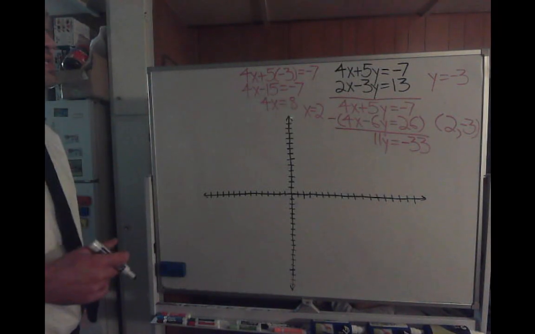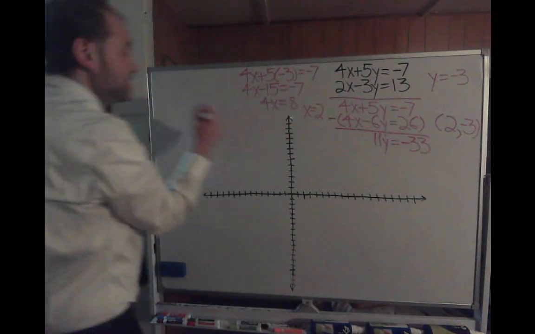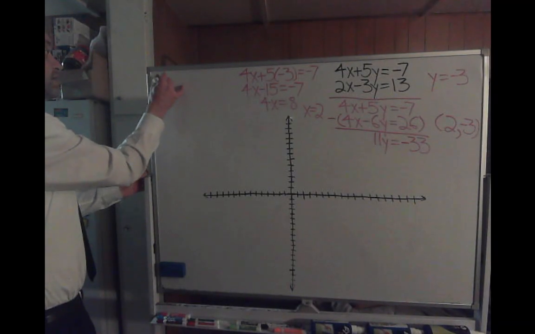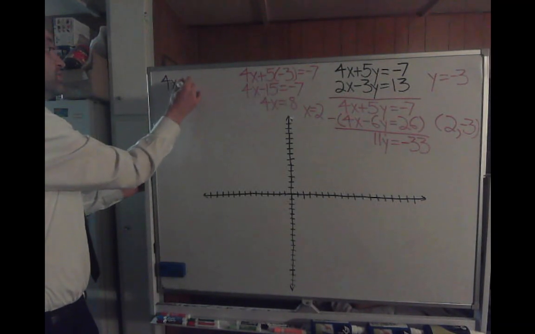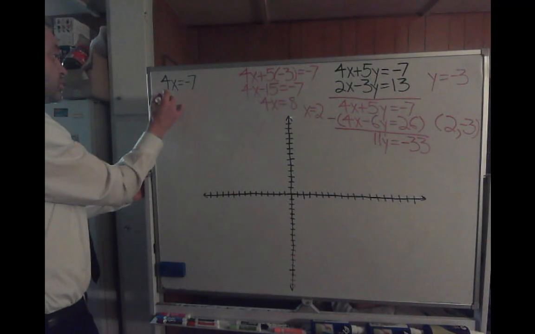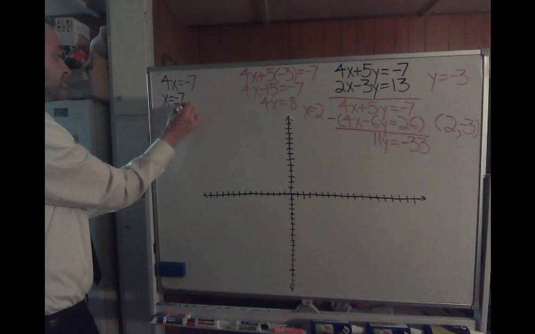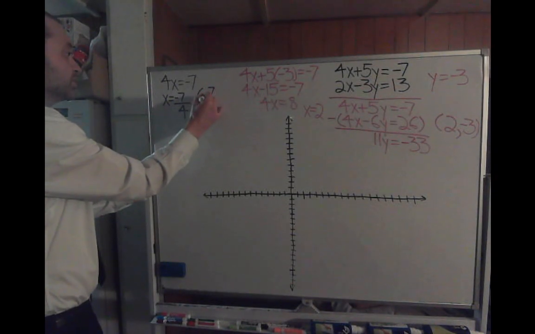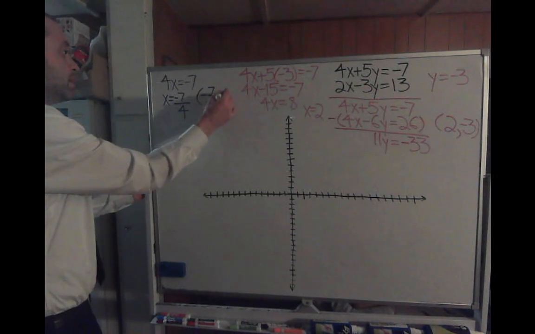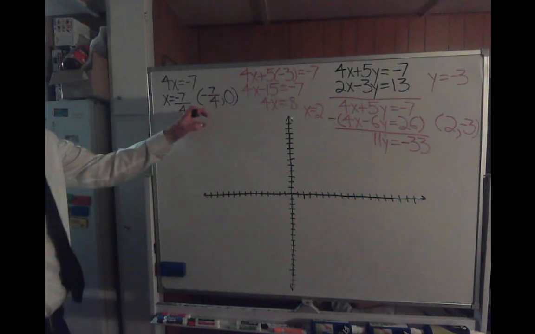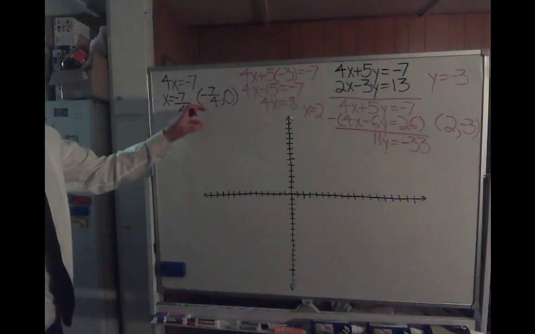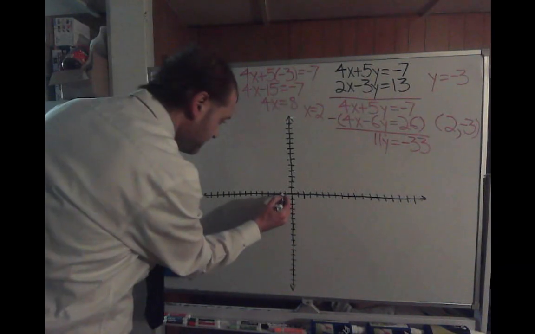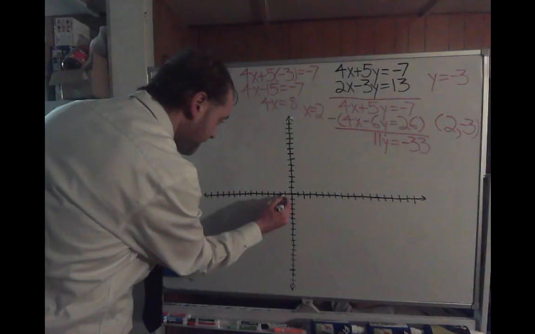To find the x-intercept, set y equal to 0, so you get 4x equals -7, which gives x equals -7/4. So your x-intercept is at -7/4, 0, which is at -1 3/4, 0, which can be found right about there.